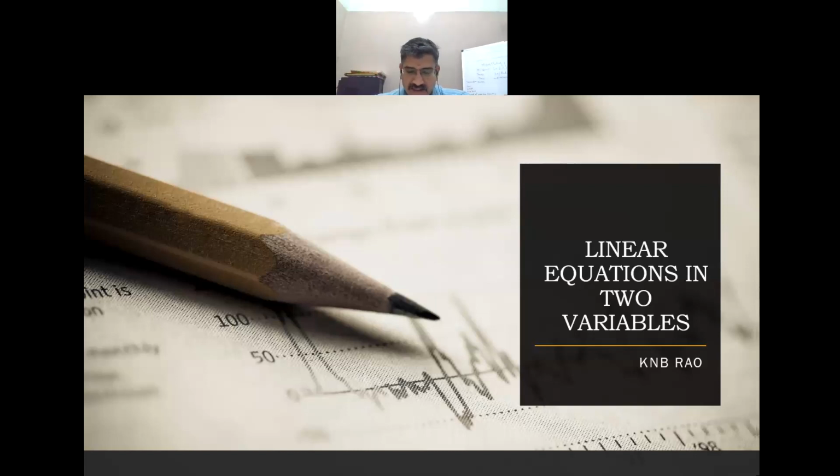Then we will start discussing the NCERT exemplar problems book, from that, the chapter called linear equations in two variables. There are important points and main concepts which I have already taught while teaching the textbook related content.